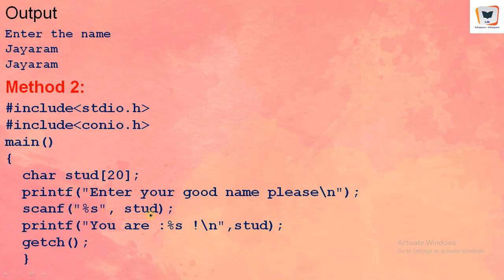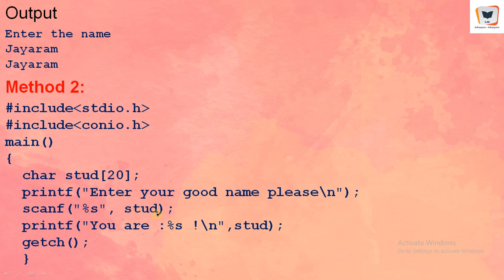%s, stud. We have written only the name, because the name of a string variable itself is a pointer to the very first cell, the address of the very first cell. Therefore, since the beginning of the string is stated by this stud, the name of the string, the last place is also designated by the null character.